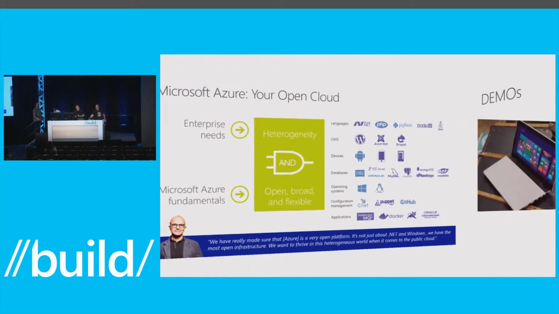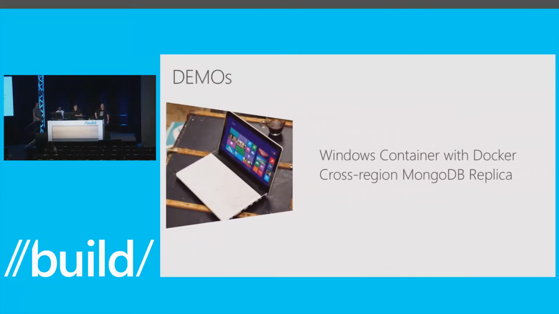So with that, like I said, we have many demos. I want to go through as many demos as possible. So for the first set of demos, I will show two. One is the Windows container on Docker. I know there were some demos shown in the keynote, but this one will be different. In this one, we are going to deploy a Minecraft server, which is Java-based, on the Windows container, and we'll see how that works.